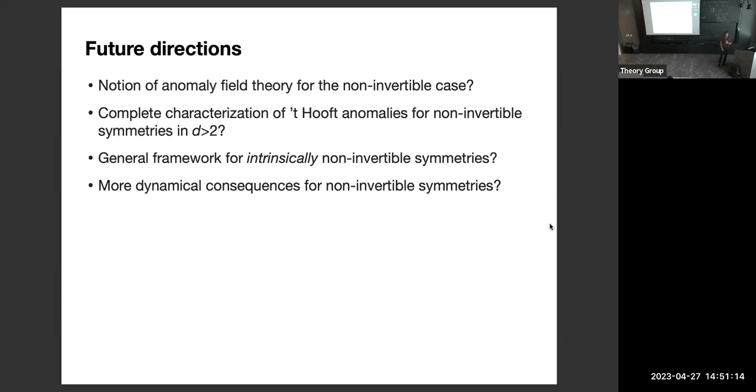And then you're saying two different topological configurations should have the same vector spaces in the symmetry TFT, is that right? Let's see. Okay, I'm not sure, maybe I'm not quite understanding your question. Maybe ask me afterwards.